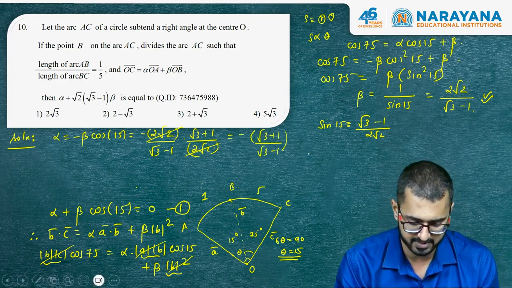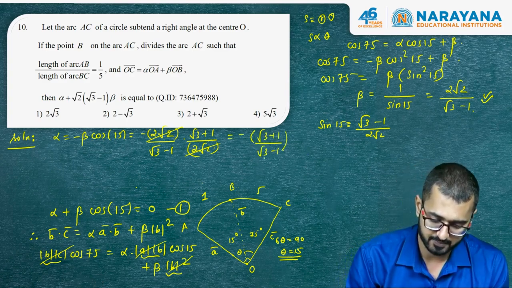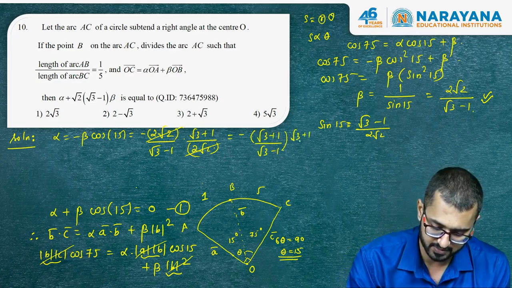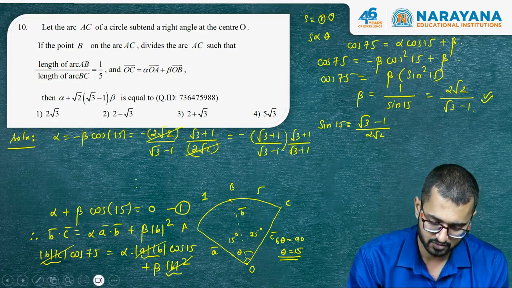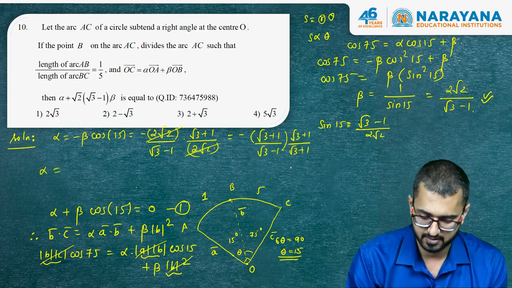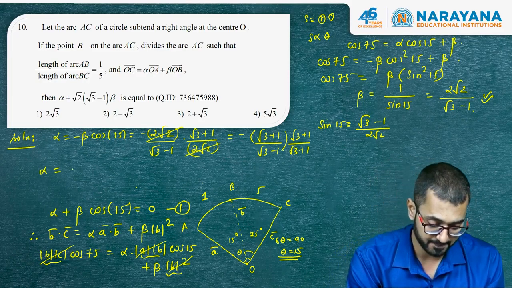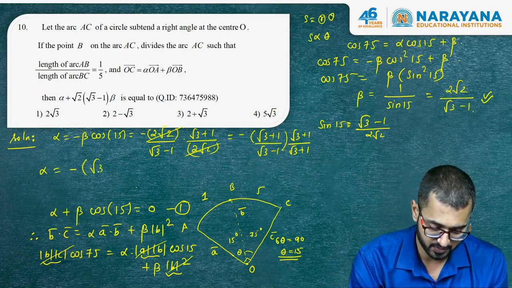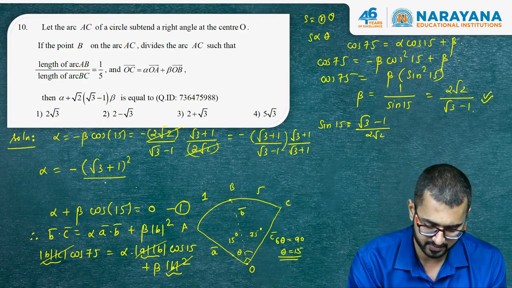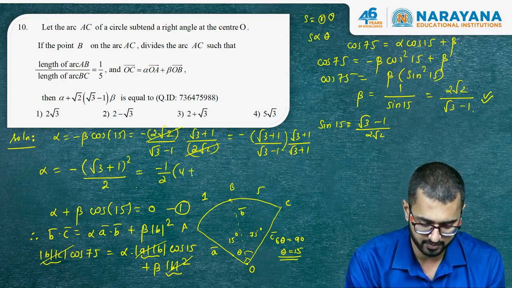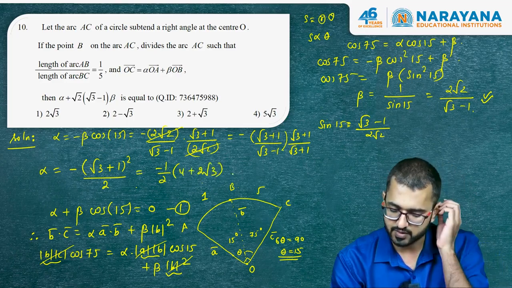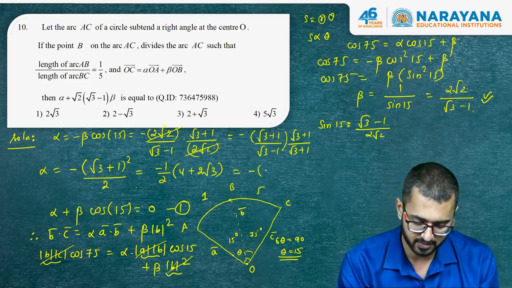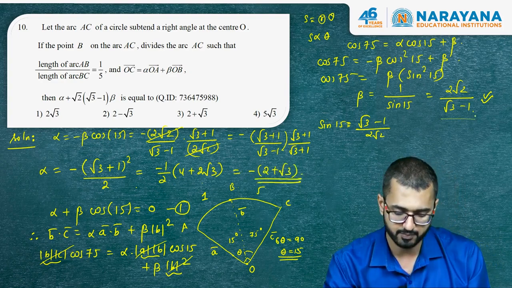We can further simplify this by multiplying by root 3 plus 1, so I'll have root 3 plus 1 square over 3 minus 1, which is 2. So we can write minus 1 over 2 into 4 plus 2 root 3. This can be further simplified to minus of 2 plus root 3. So we found alpha and we have found beta.